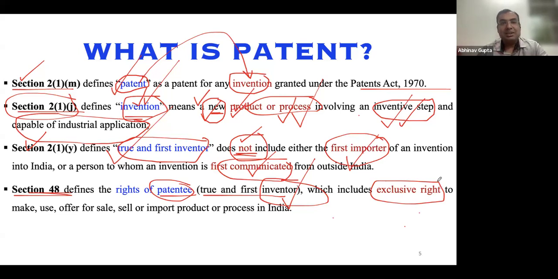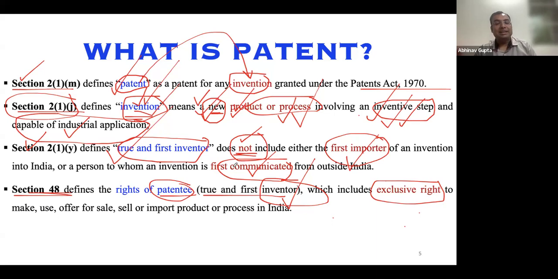If I am using government resources and government laboratories, and I am developing a product or a process which qualifies as new, with an inventive step and capable of industrial use, it is an invention. But I am being paid a salary by the government, and I am using government resources for the development of this invention.